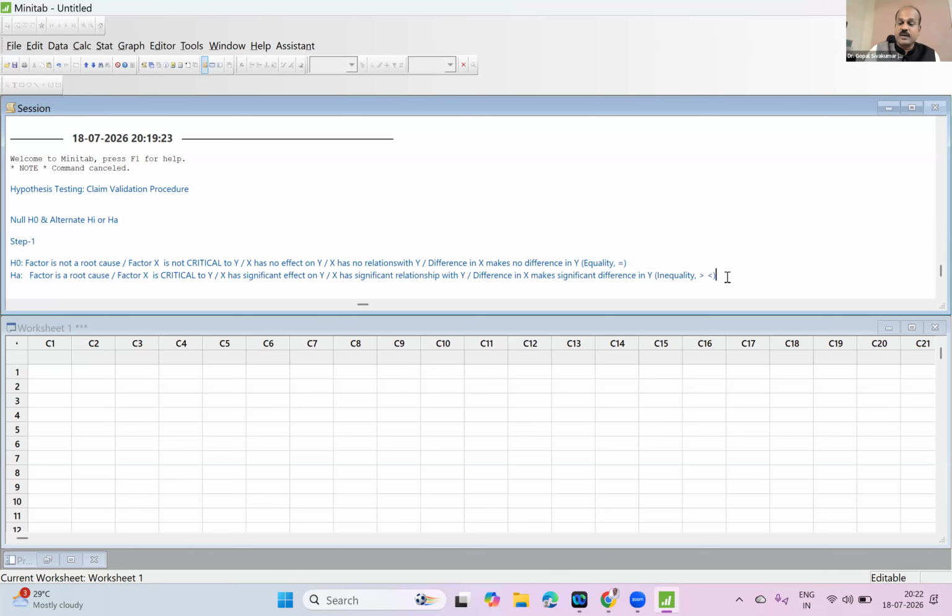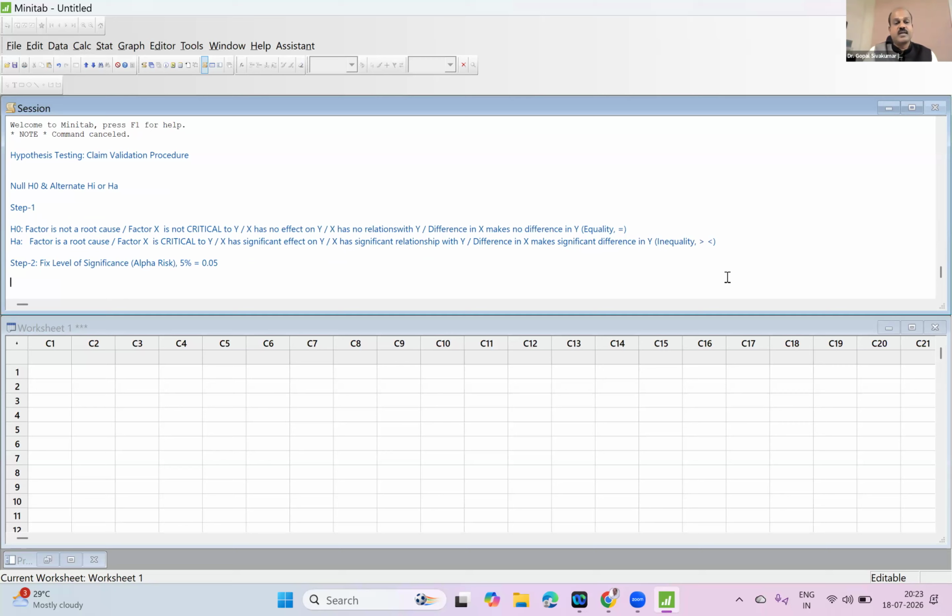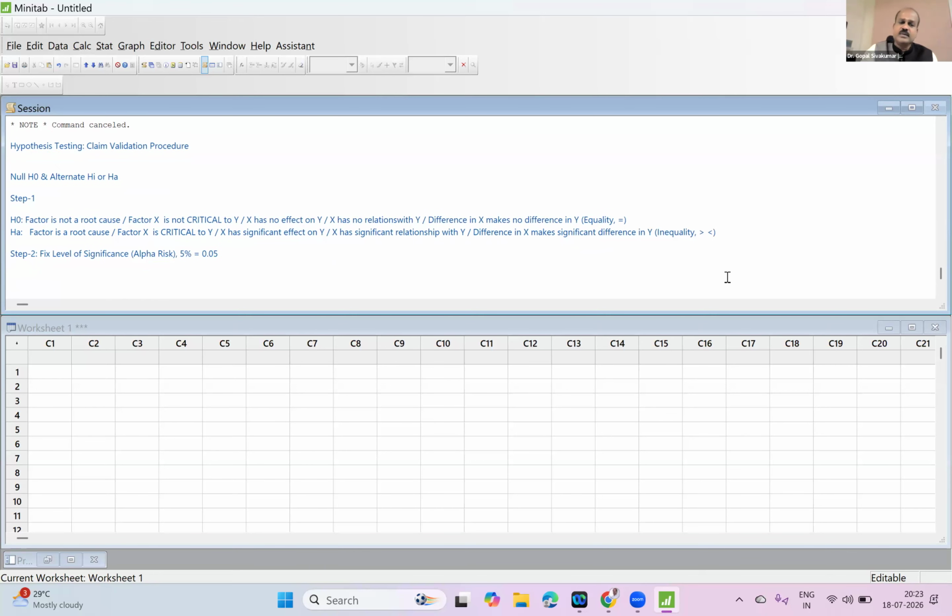Once this is done, you can move on to step number 2, where you have to fix the level of significance, which is also known as alpha. Generally, it is 5%. 5% means 0.05. Right? So what does it mean? Level of significance 5% means what?